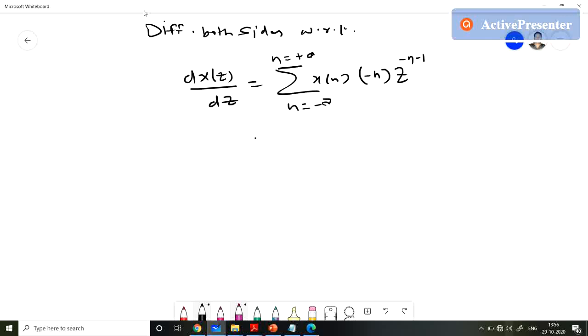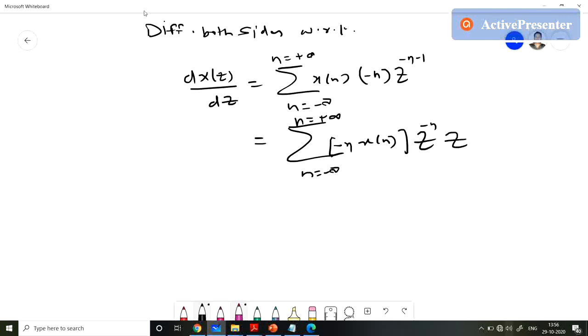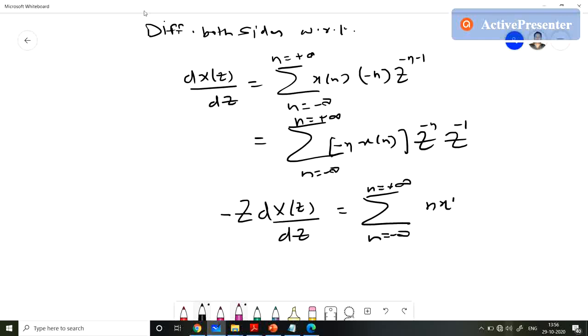So what we are getting here is summation n equals minus infinity to plus infinity n x[n] z raised to the power minus n, times z raised to the power minus 1. So this z we can transfer to the left hand side, and also we can put a minus here. So minus z dX(z) divided by dz is equal to summation n equals minus infinity to plus infinity n x[n] z raised to the power minus n.